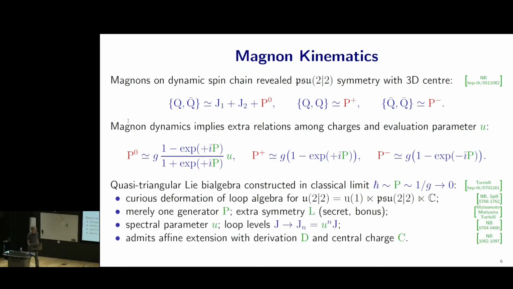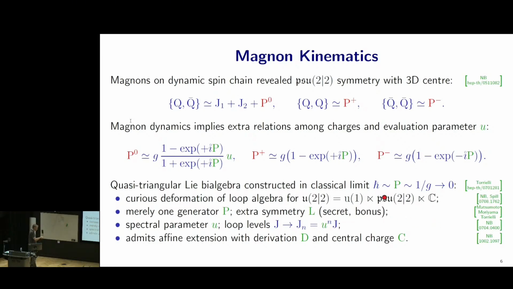And some improved understanding came about by looking at the classical limit, where we take h bar to be small. H bar is 1 over g, or 1 over the square root of the 't Hooft coupling. And at the same time, these momenta should probably be small.